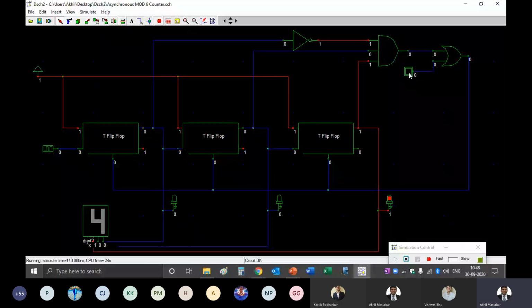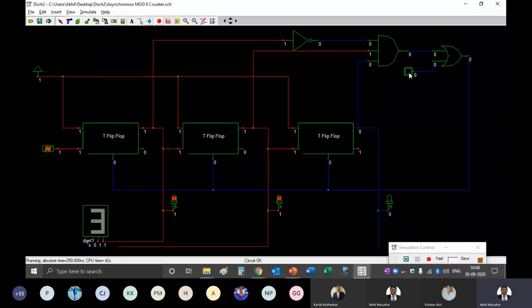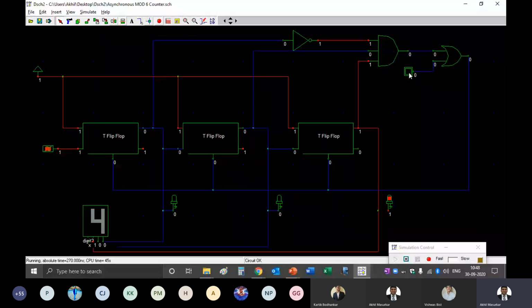So my counter becomes, so you can see now the counter has started counting 3, 4. Specifically at 6, you see the AND gate. All the inputs to the AND gate are 1, and that is why it resets. Now you see it will become 1, so it has reset. So at 6, all inputs to the AND gate become 1, and that is why the reset signal is triggered.